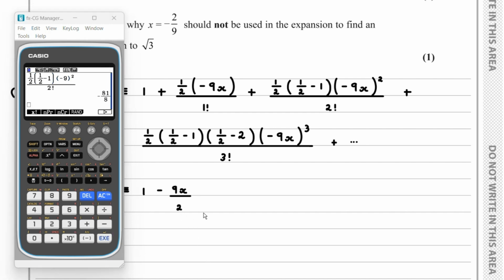So for the third term, we have negative 81x squared over 8.